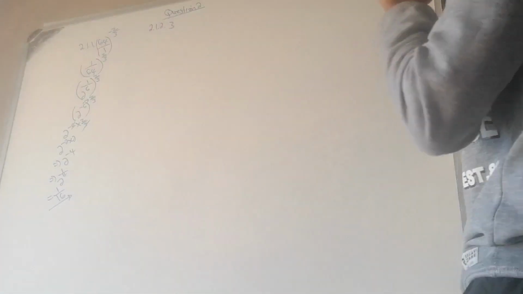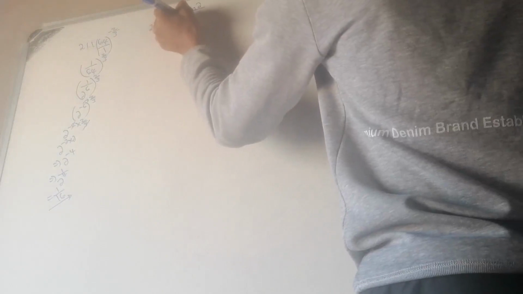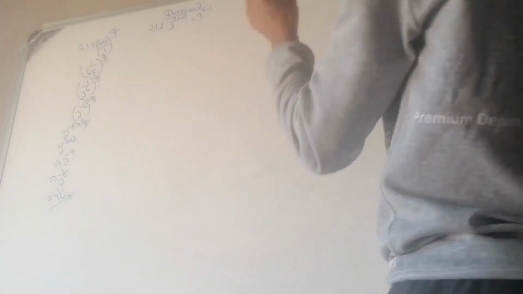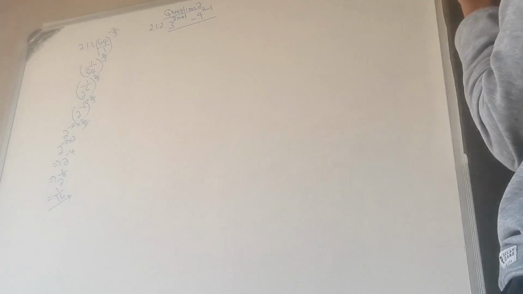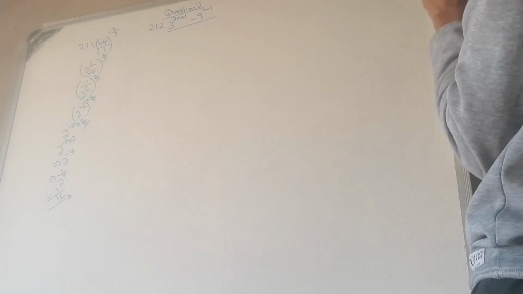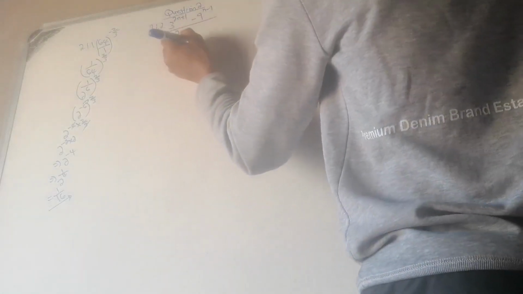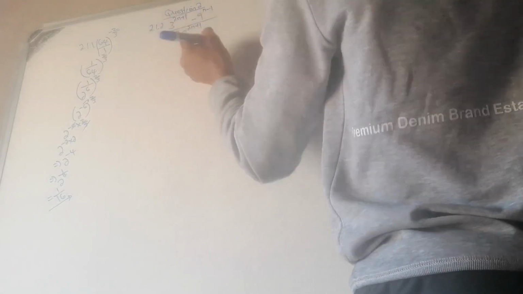3 exponent 2n plus 1 minus 9 exponent n minus 1, all over 2 times 3 exponent 2n plus 1.